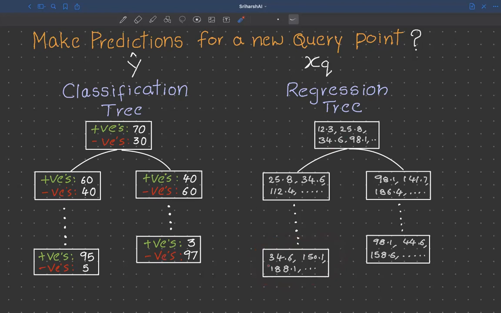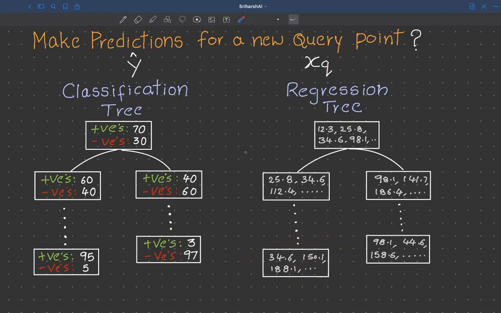But if it is a regression tree, we need a metric that will aggregate all these real numbers. One of the metrics that we use is the mean. If you take the mean of all these real numbers, it gives you a real number, which can be the prediction for the query point XQ.